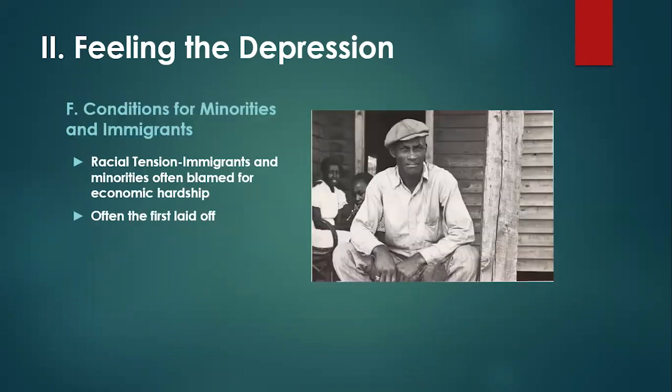Things were particularly tough during the Great Depression for immigrants and for minorities. They were often the very first laid off. We've already talked about how men were usually laid off before women because they were paid more. But minorities, even though they were usually paid less, were usually the first laid off because they were seen, unfortunately, usually as less valuable workers.